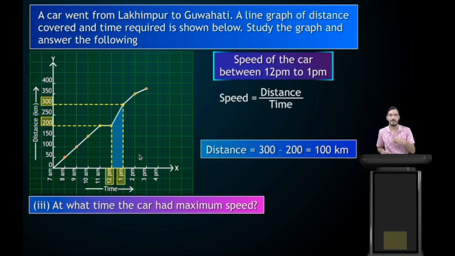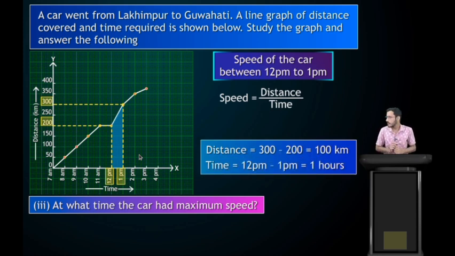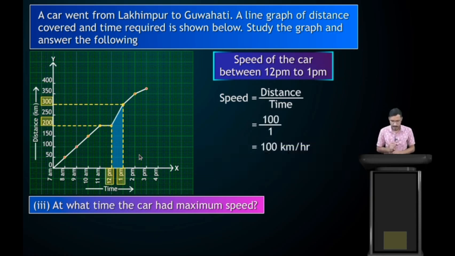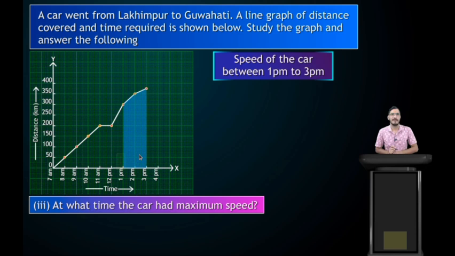Now put the values in the formula. Speed is equal to distance upon time, so 100 by 1, that is 100 kilometers per hour.